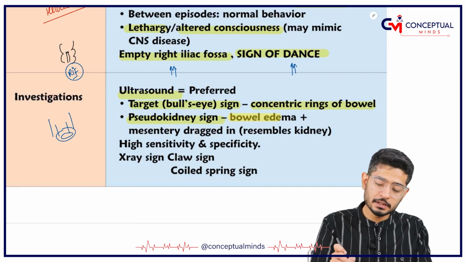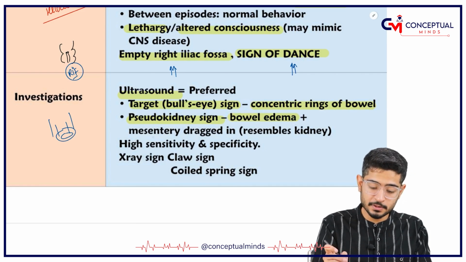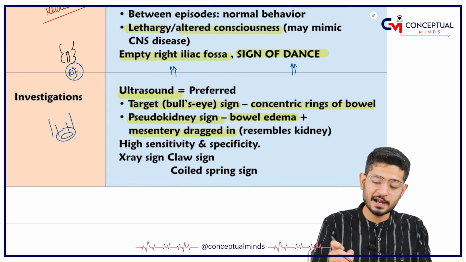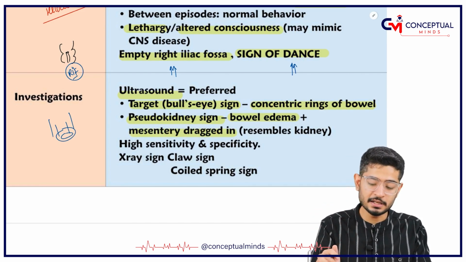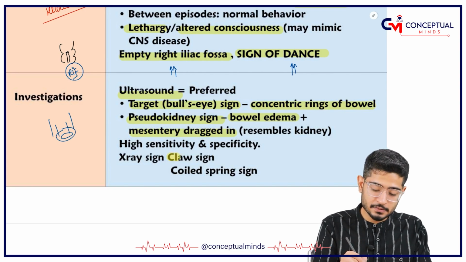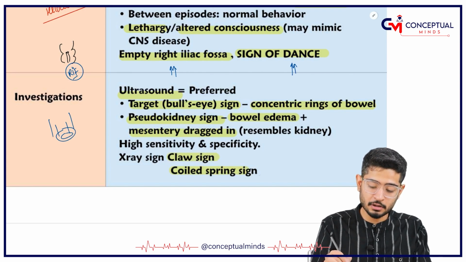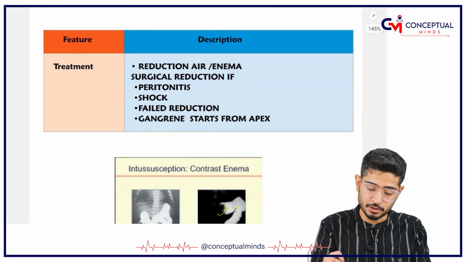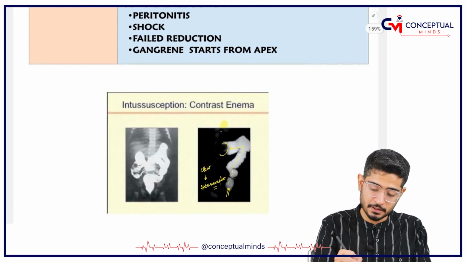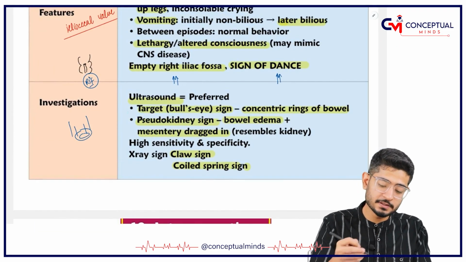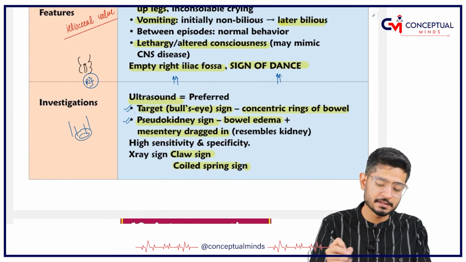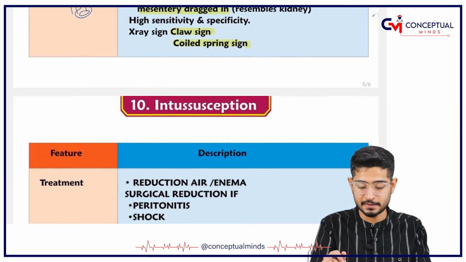Because of course there is a bowel edema which is going to be there, and the mesentery is dragged inside, which is going to resemble just like the kidney. So there is a pseudo-kidney sign as well. X-ray is going to show you a claw sign or a coiled spring sign. I think I have shown you this. Claw sign is this. Okay, claw sign or a coiled spring sign which is going to be there. So please don't forget about the target sign as well as the pseudo-kidney sign.